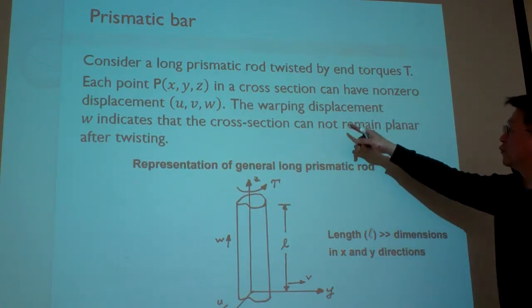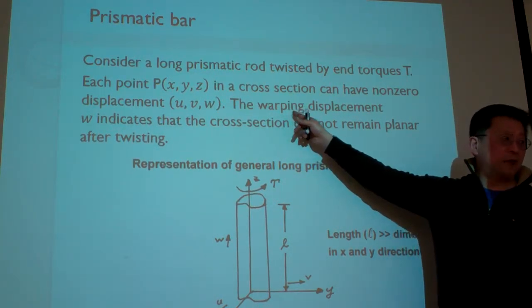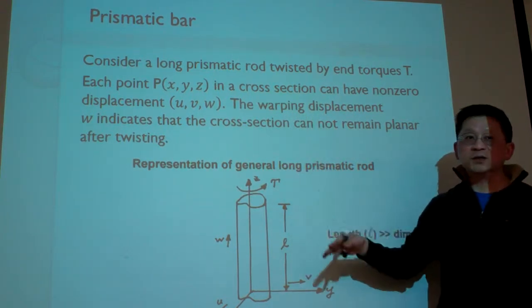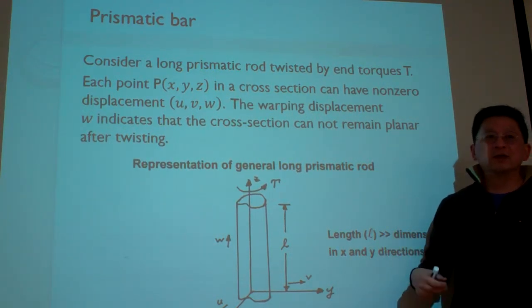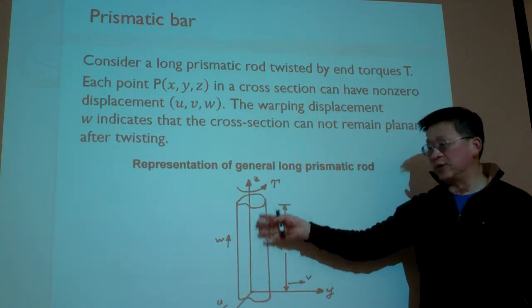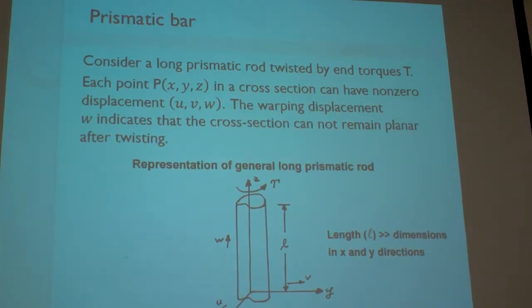So this word, warping, is a very particular terminology only applied to shafts. Okay. Again, warping indicates the axial displacement of a material point happening in the axial direction. We call it warping. Okay, so keep that in mind.